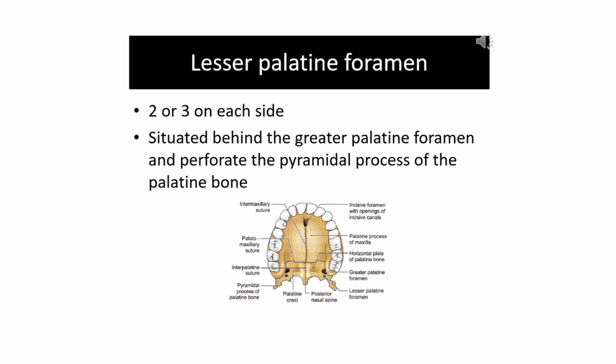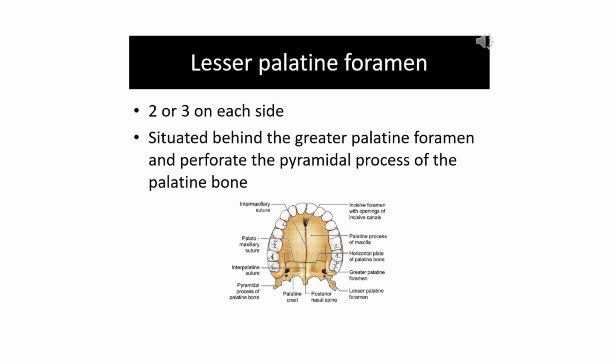The next thing that we should know about the lesser palatine foramen is that it perforates the pyramidal process of the palatine bone. Now what is the pyramidal process of the palatine bone? We can see the positioning of the pyramidal process of the palatine bone.